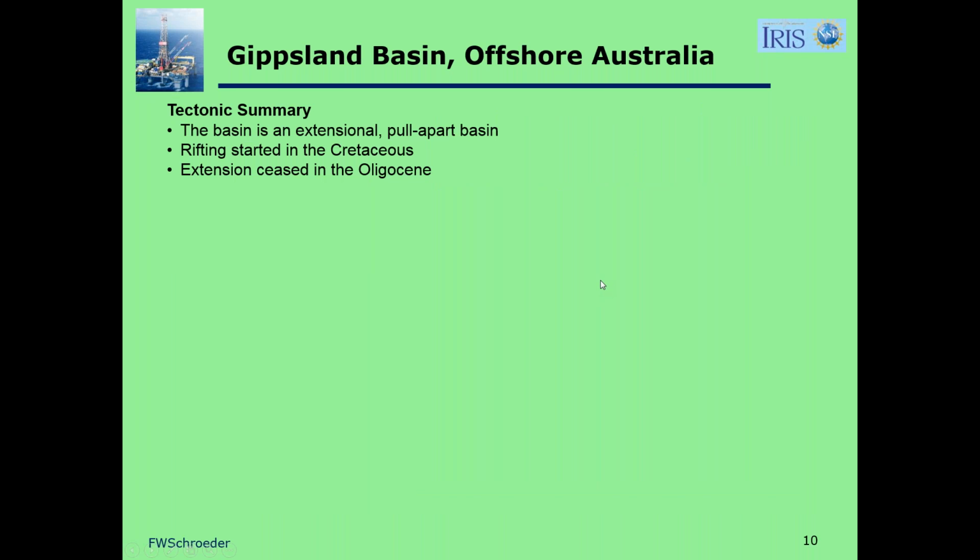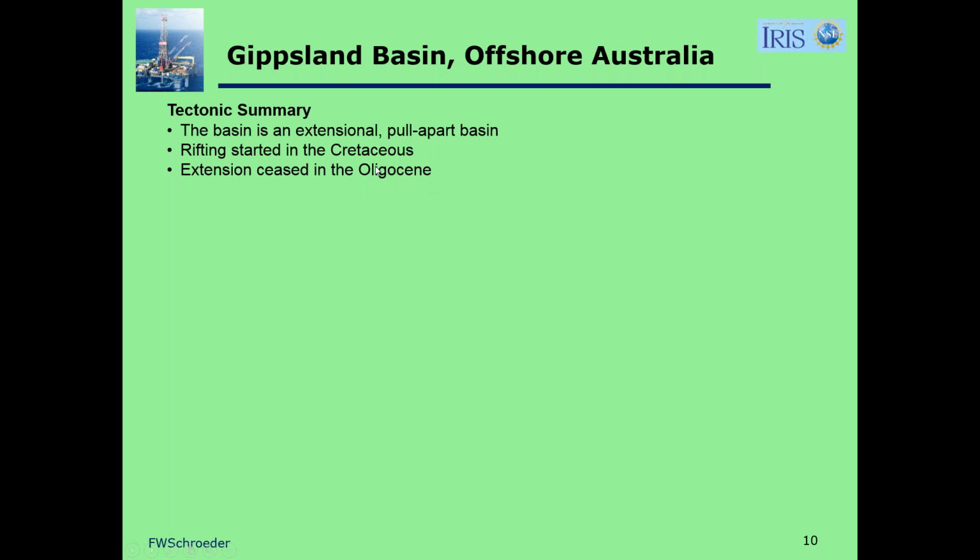So from the onshore data, we can determine things such as the tectonic history. This is an extensional or pull apart or Atlantic margin type of basin. The rifting began in the later part of the Cretaceous, and the rifting continued until about mid-Oligocene time, when the extension stopped.